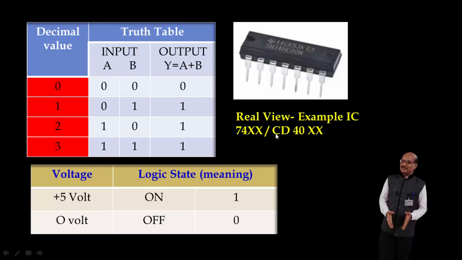On the other hand, if you consider CD40XX, so CD40XX represents CMOS family of digital gates, and this XX again represents the type of gate that is available in that IC. This 74XX series requires the stabilized plus 5 volt supply for its working. Similarly, the CD40XX requires plus 12 volt stabilized power for its working.